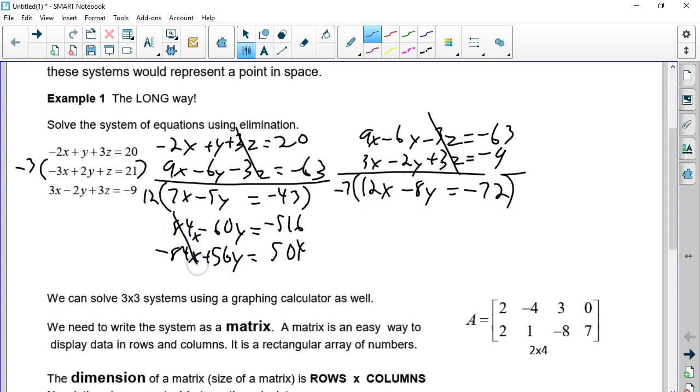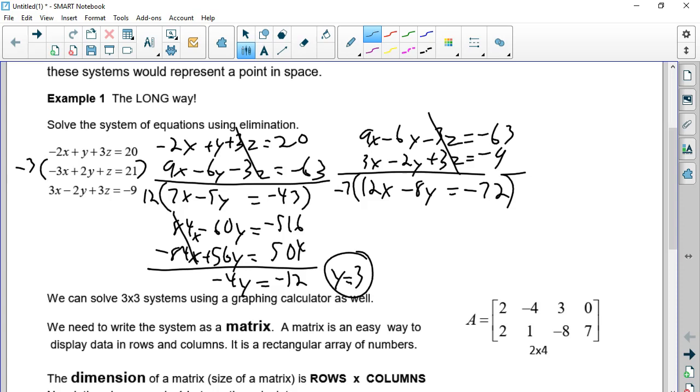So, the x's cancel when I add this. I'm going to get -4y equals -12. When I divide by that, I get y is 3. And now I've solved for one variable.